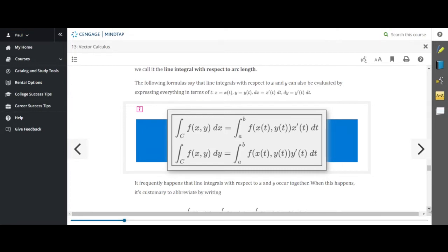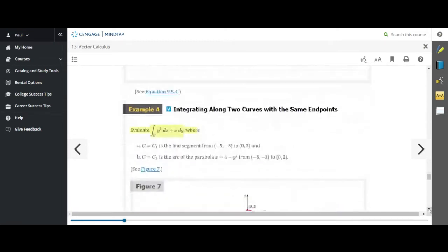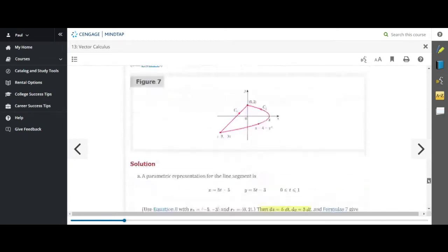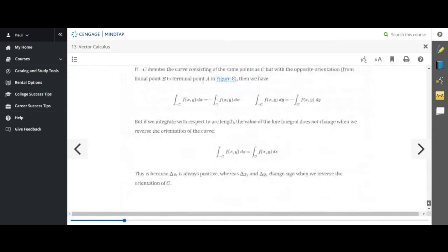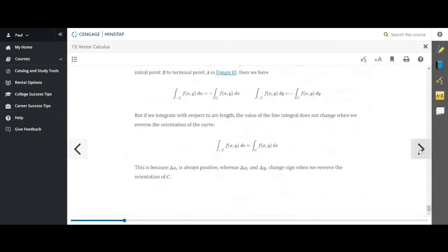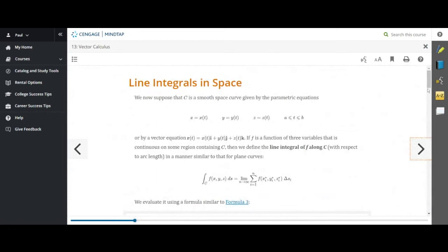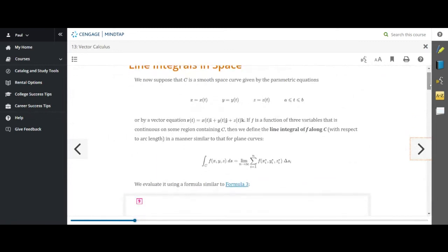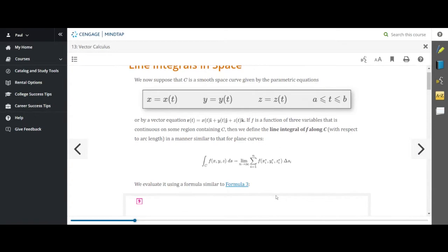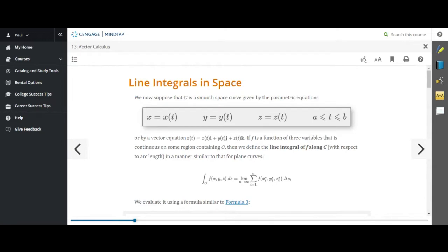All right, I want to keep going here. I'd like to finish up this section before we take our break. So we talked about line integrals in a two-dimensional xy plane, but we can also have line integrals in three-dimensional space, and all the formulas you learned are analogous.